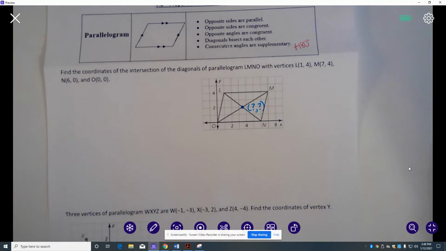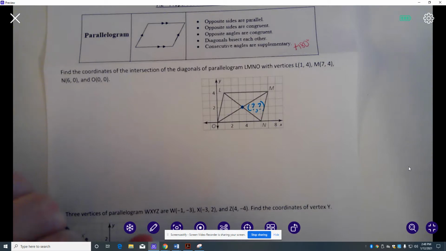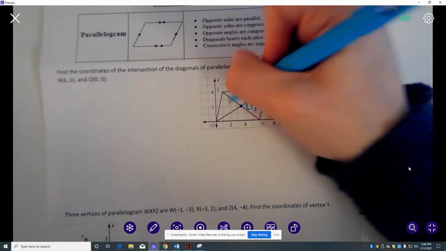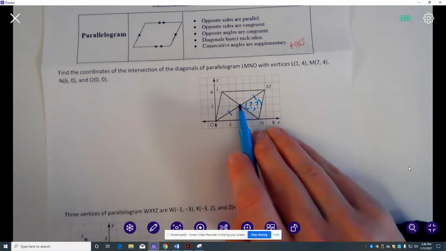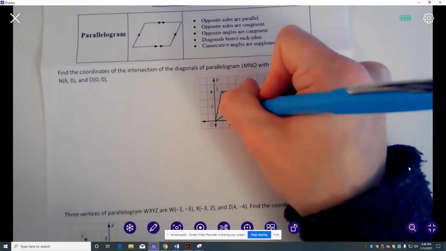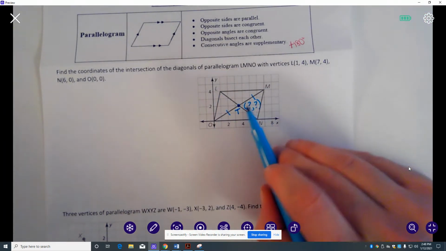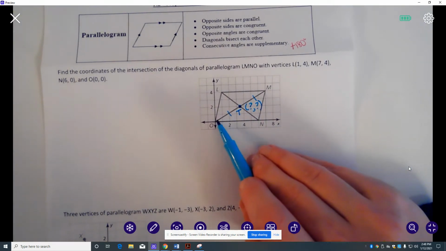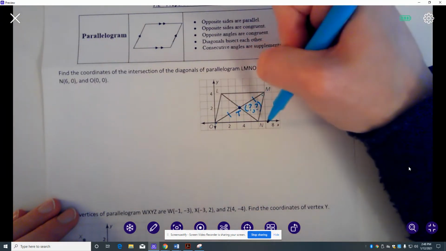And so what we know about diagonals is that they bisect each other. Well, if they bisect each other, that means this point, I'll call it point T, is the midpoint of segment OM, and this point is also the midpoint of segment LN.